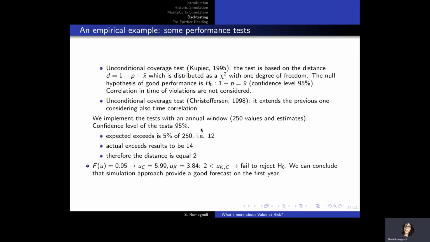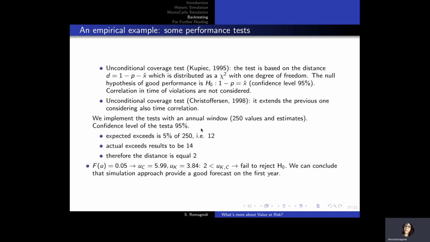To accept the null hypothesis of good performance of the model used to estimate the value at risk, we have several performance tests. Among them, we have the unconditional coverage test proposed by Kupiec in 1995. In this case, we have a statistical test based on the distance of 1 minus p and x cap, that's the number of violations.